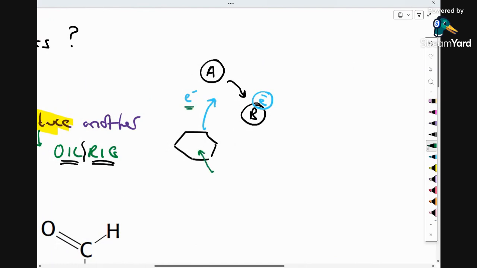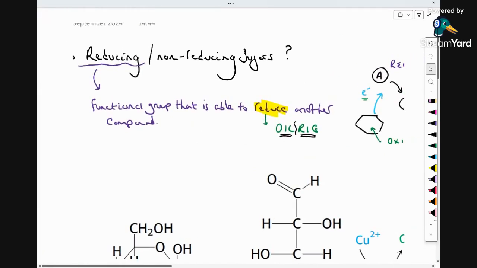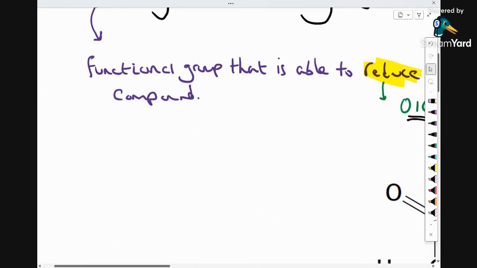Therefore, this has become oxidized. Oxidation, rather, is loss of electrons. Meanwhile, our compound here, compound A, has been reduced. It's gained electrons.